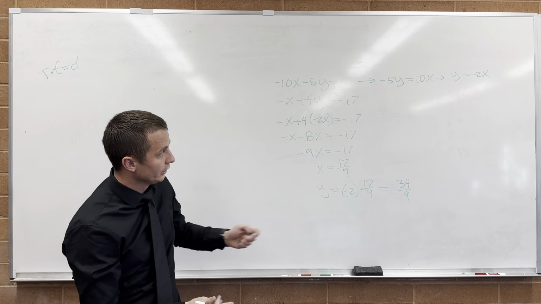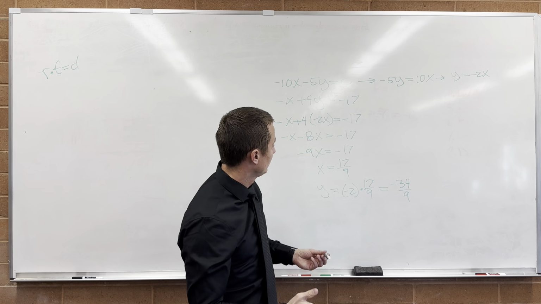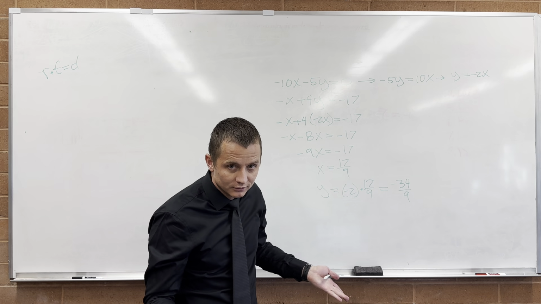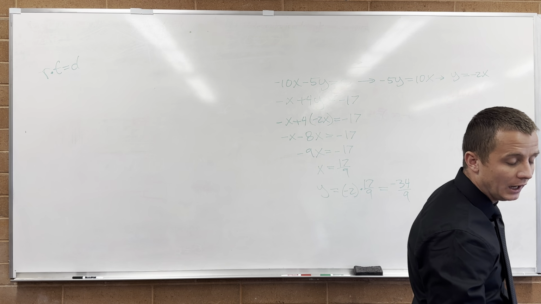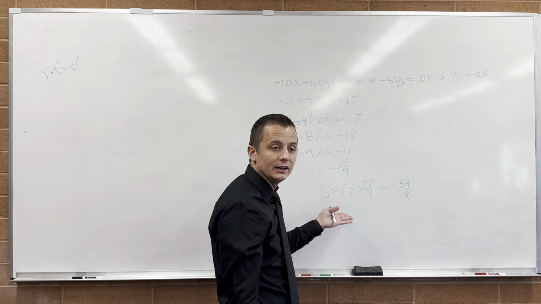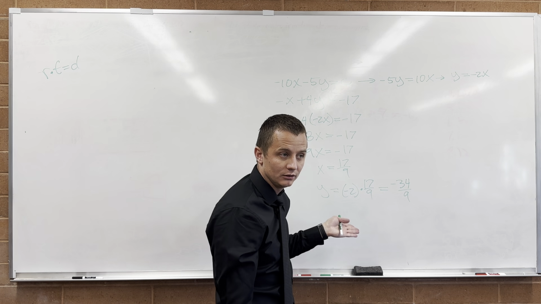So y is equal to negative 34 over 9. Since I make some of these up, your numbers might not always come out pretty. But you can always plug it back in. Remember, you will be allowed to use a calculator, so plugging that in should not be that hard. To check to make sure, did it work for this, did it work for this?